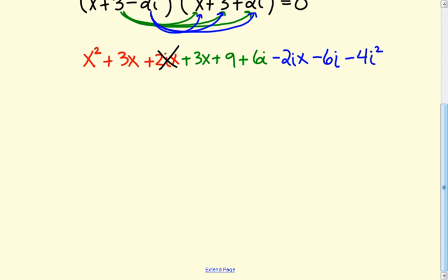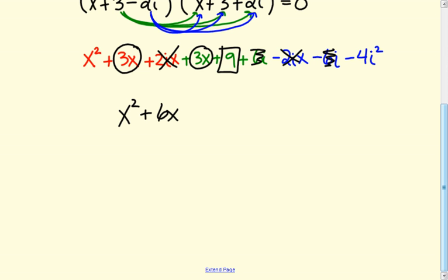Thankfully, these cancel with that, and this cancels with this, so that's good. So I have x squared, and then I can combine 3x and 3x to make 6x. And then, of course, I have this 9 right here. And again, I have negative 4 i squared, and i squared is negative 1, so negative 4 times negative 1 is positive 4. So I have the 9 right here and the 4 right here, which makes 13.